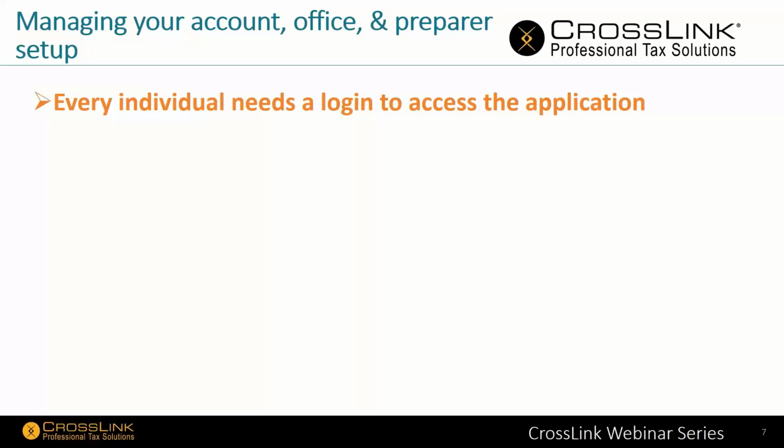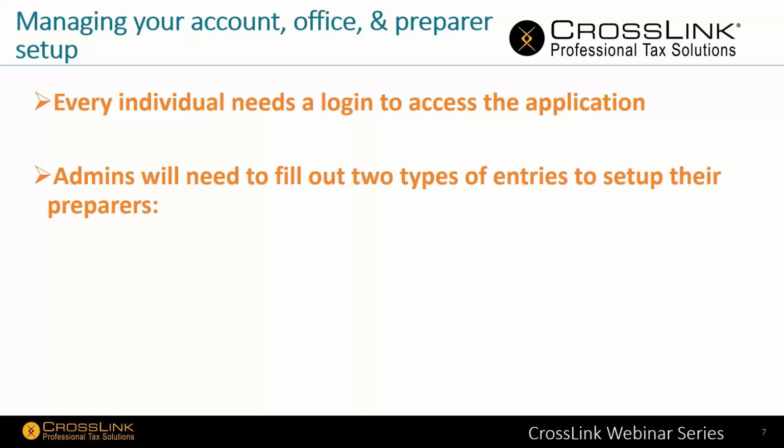Now looking at the preparer level. So what can your preparers do and see? We discussed that every individual needs a login to the application. And then for preparers, I covered that they need their PTIN record filled out first. So that is step 1. And step 2 will be creating their login.